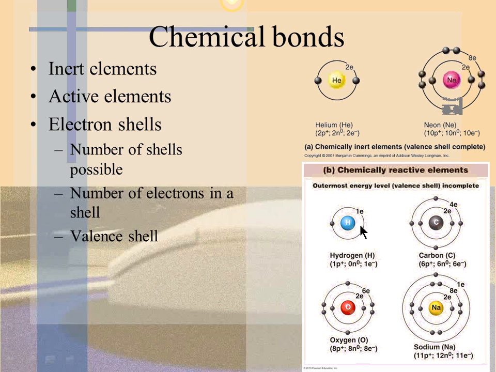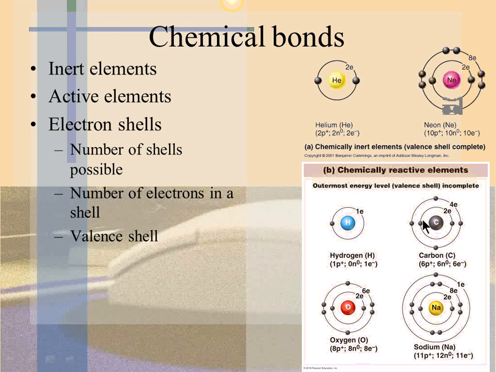For example, hydrogen has only 1 electron. So it wants 1 more. So one hydrogen atom can react with another hydrogen atom. They can both share that 1 electron, which we'll see in the types of bonding. So they'll both have 2. Here we have carbon, which has 4, right? It either has to give away 4 or get 4. Because if it gets 4, then it will have 8.